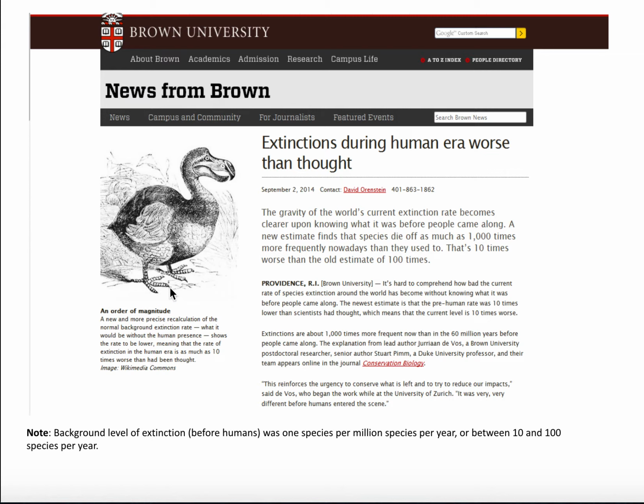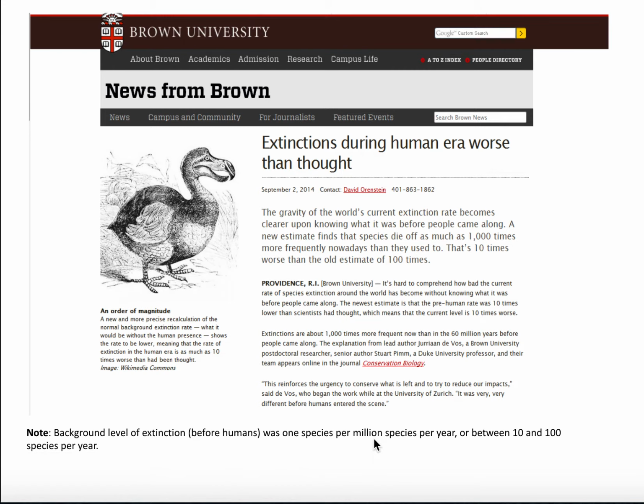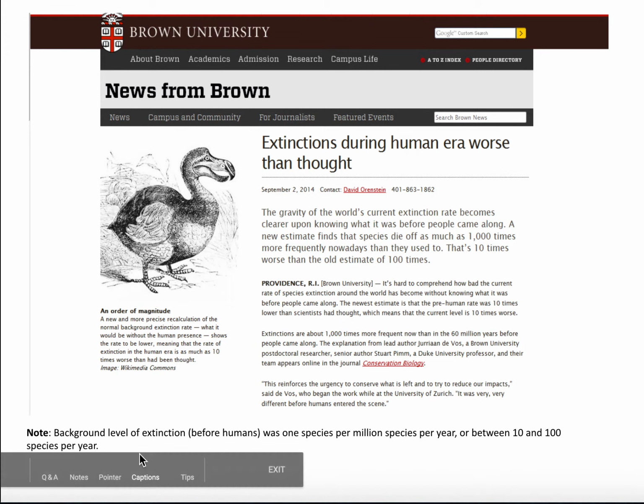This is a picture of the dodo bird. But what this slide is showing you is that Brown University in the United States, which is an excellent university, figured out data on the rate of extinction for species. So basically, before humans existed, it seems like there was probably one species per million species per year that went extinct, whereas now what they're saying is the new estimate finds that species die off as much as 1,000 times more frequently than they used to.